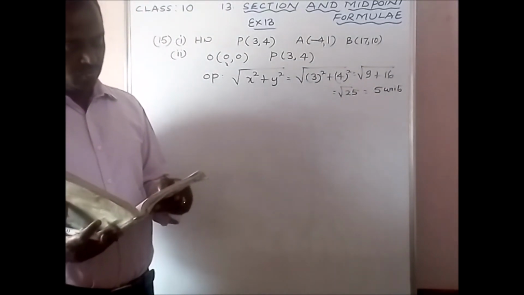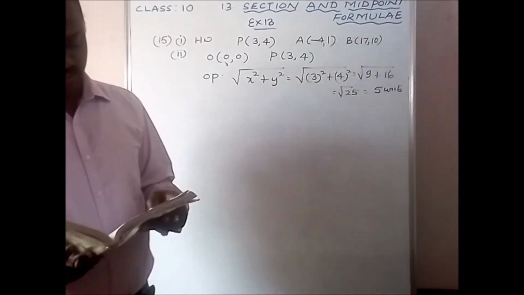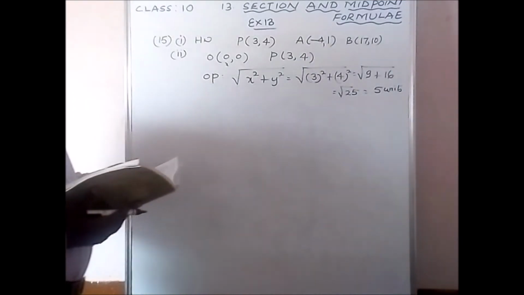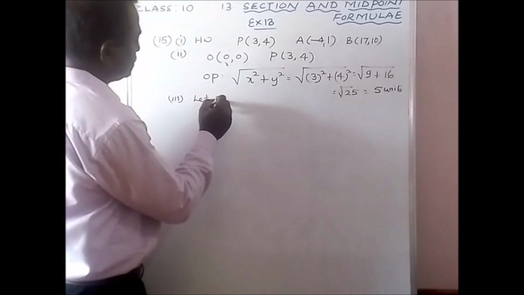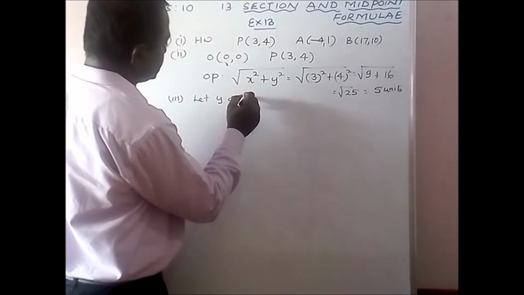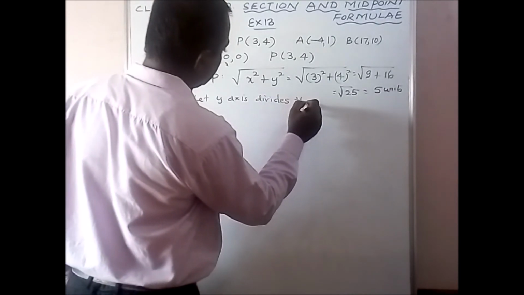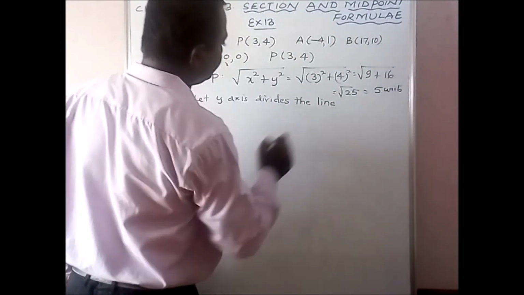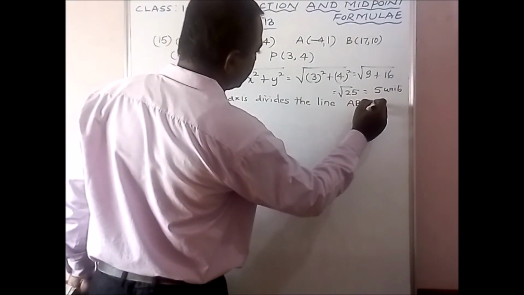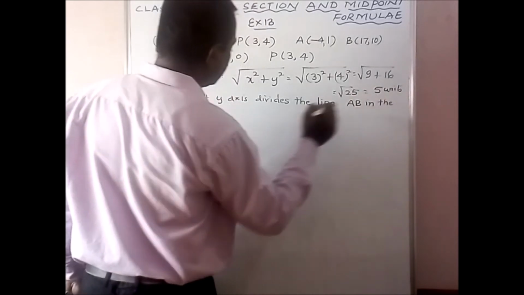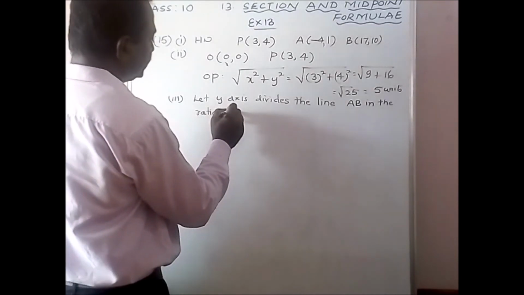Third answer: in what ratio does the y-axis divide the line AB? Let the y-axis divide the line AB in the ratio k is to 1.